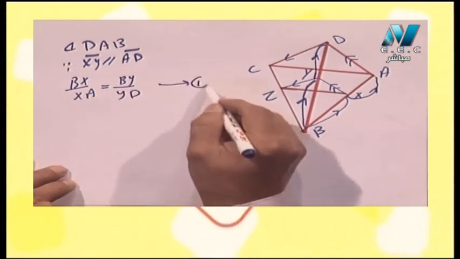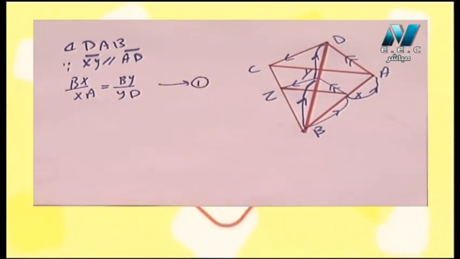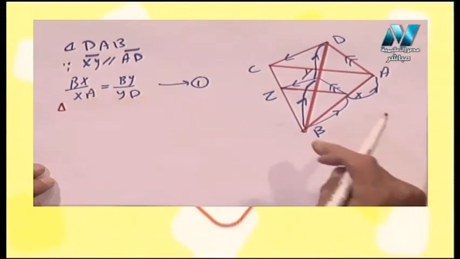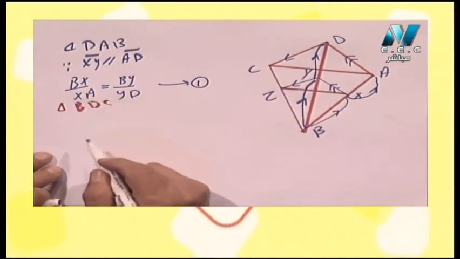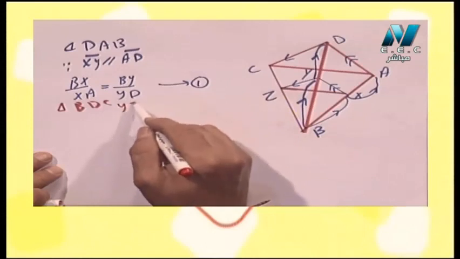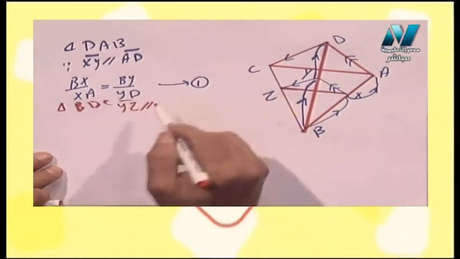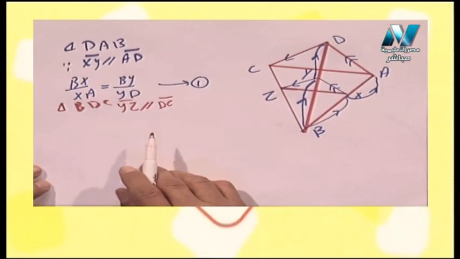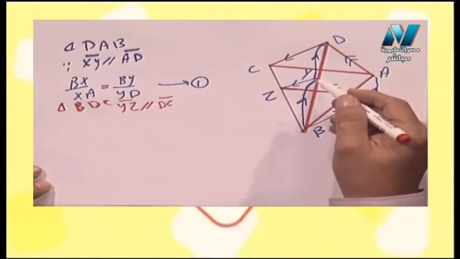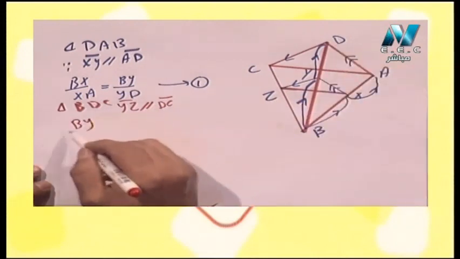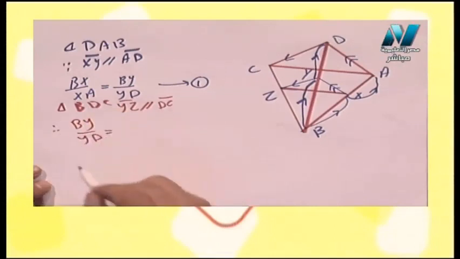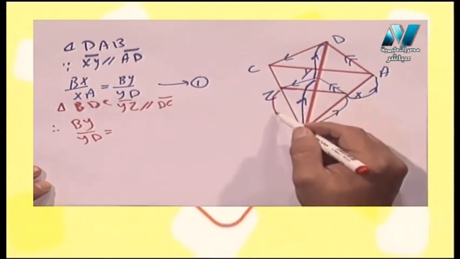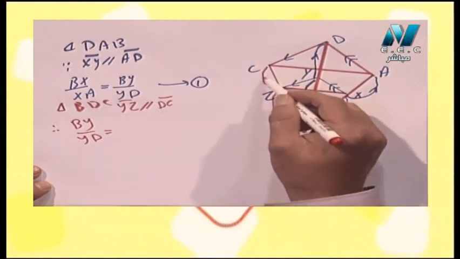We can deduce also from triangle BDC that YZ is parallel to DC, so BY over YD will be equal to BZ over ZC.